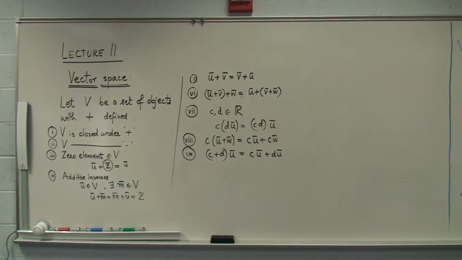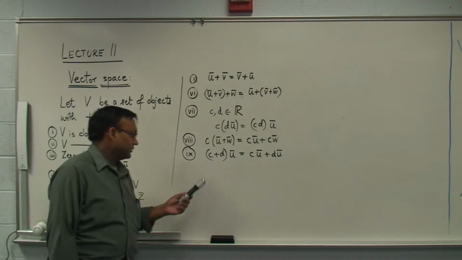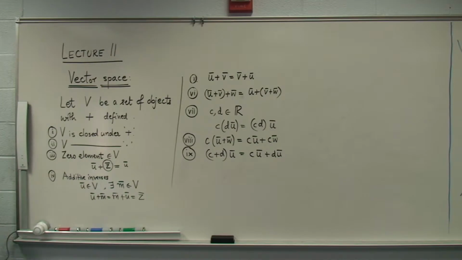So in some sense, this multiplication by scalars is distributive. Multiplication of a vector by the sum of the scalars is basically multiplying the vector by each of those scalars and adding it up. So these are some of the properties that we will have.